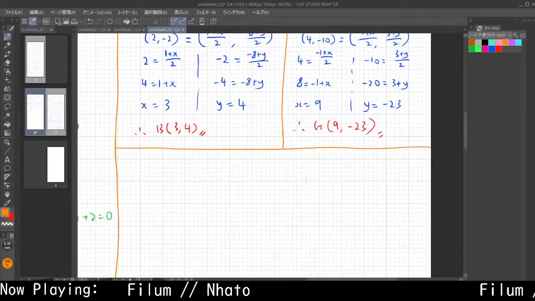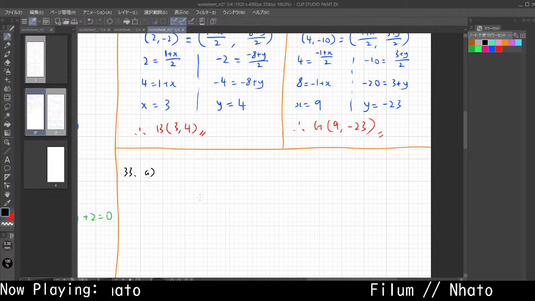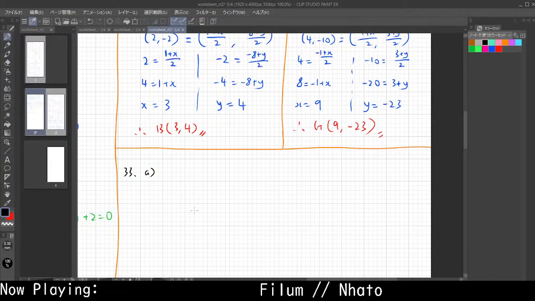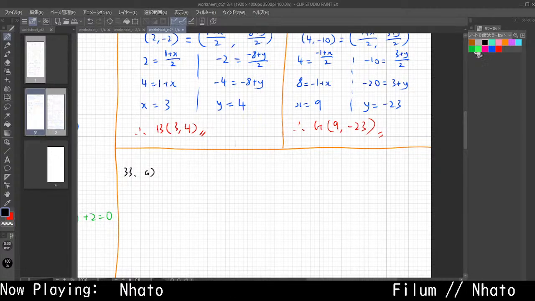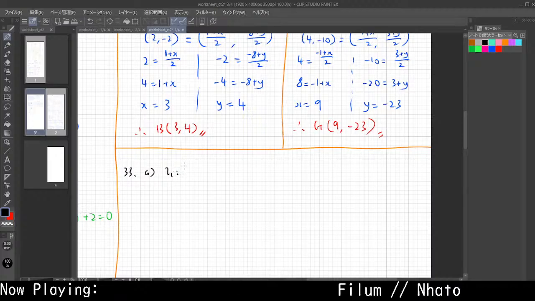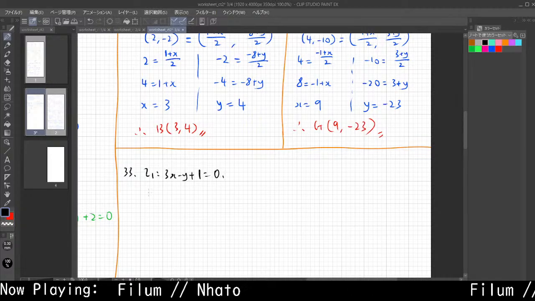Okay, 33. Big question. Given the line L1 equals to this, part A, find a straight line L2 such that it is perpendicular to L1 while passing through the point. So this one is a find-a-new-equation type of question. So you are given that L1 is equal to 3x minus y plus 1 equals to 0.